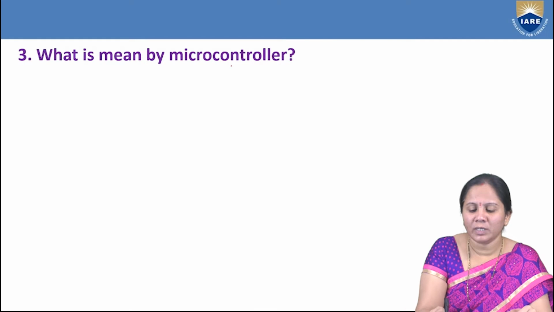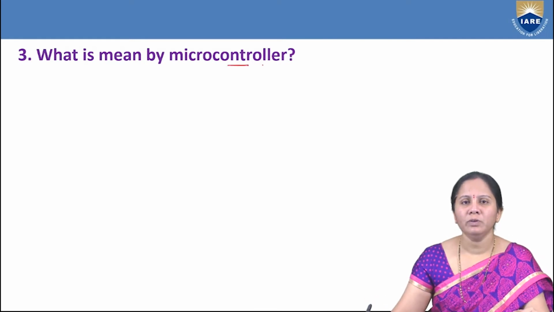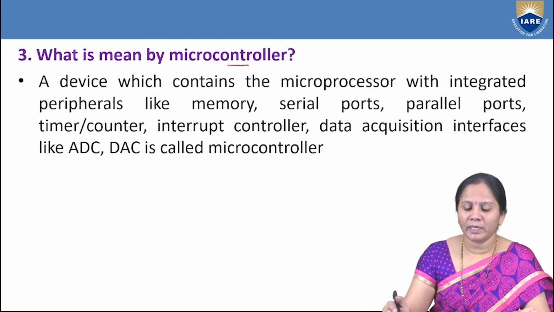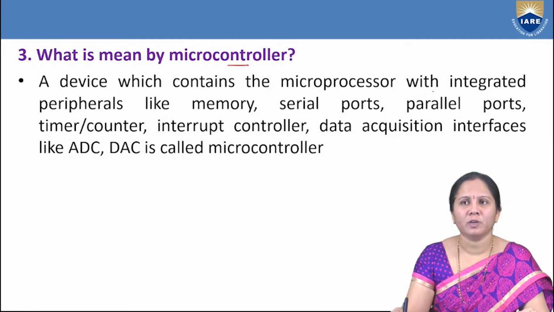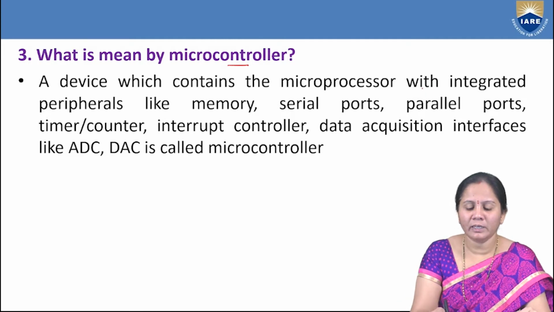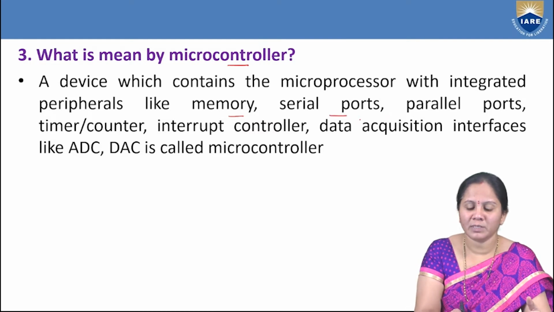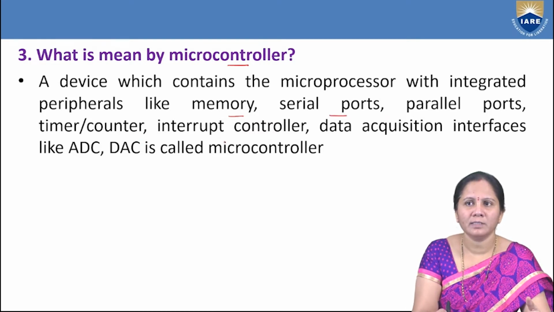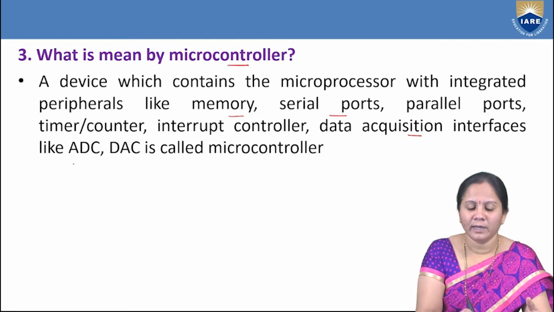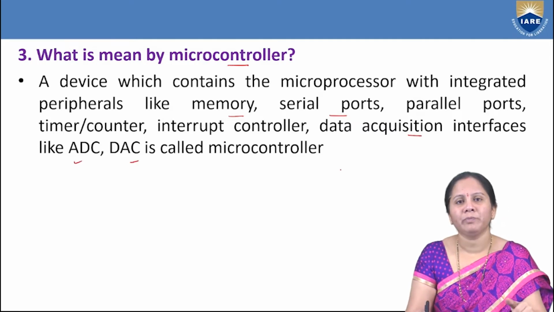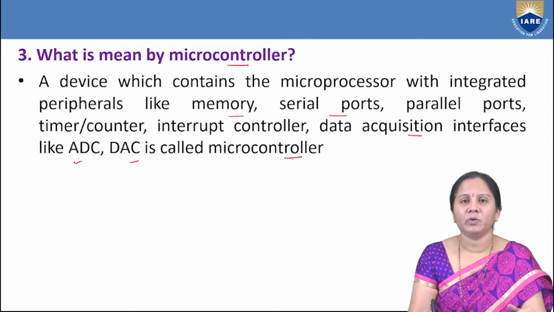Now, what is meant by microcontroller? A device that contains a microprocessor with integrated peripheral devices, that is components like memory, that is ROM and RAM, and serial ports, parallel ports, timers, counters, interrupts, data acquisition interfaces like ADC, DAC, is called a microcontroller.